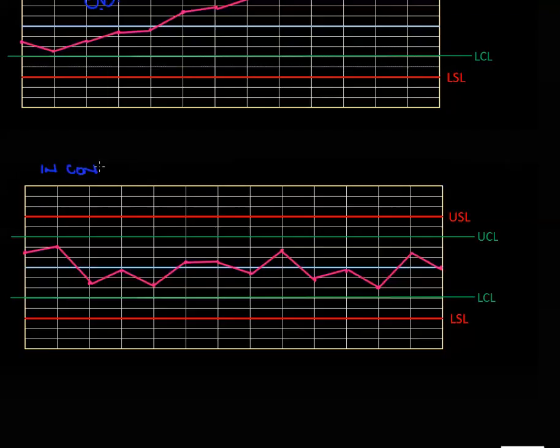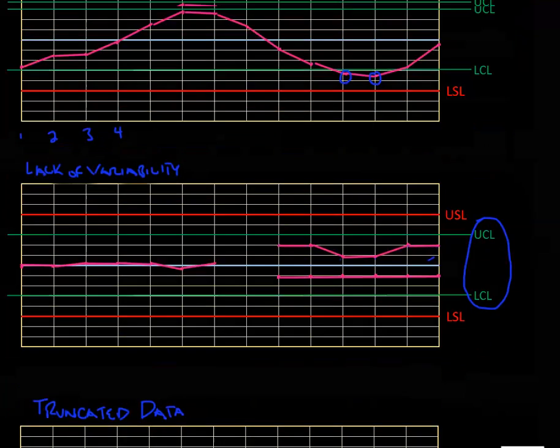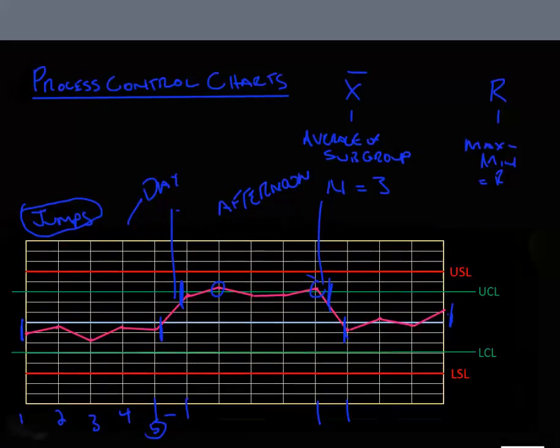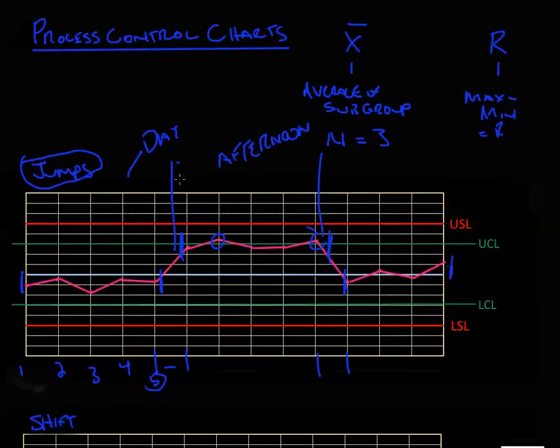If your calculated control limits are representative of the process, it's probably going to look something like this. This is good news. Your process is in control. It's performing as designed and as it was performing when you calculated the control limits. Okay, so this is the interpretation of process control charts. This is really where the rubber meets the road, and that this quality tool becomes most useful.